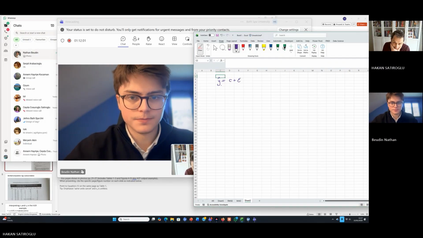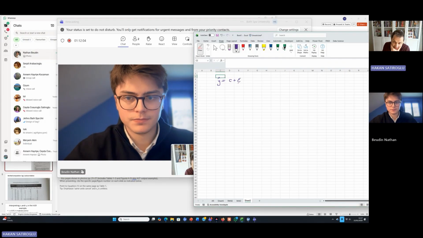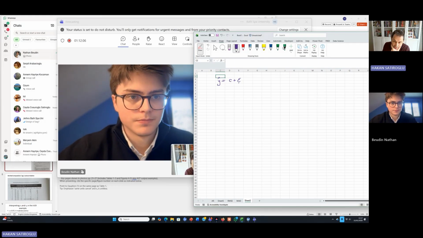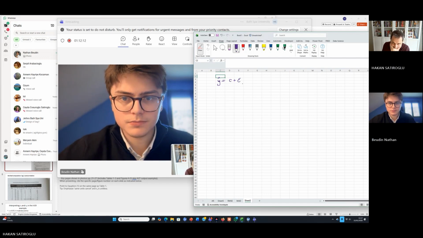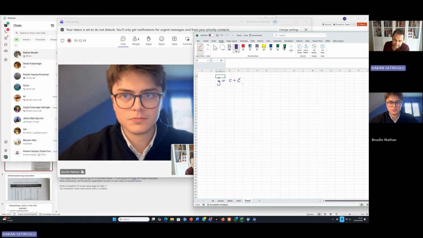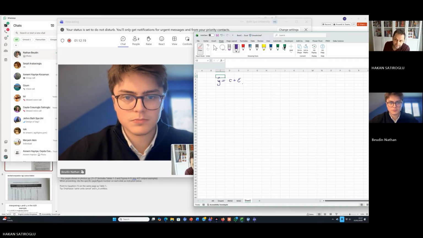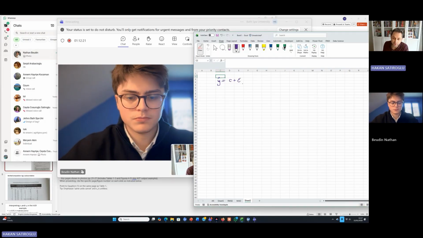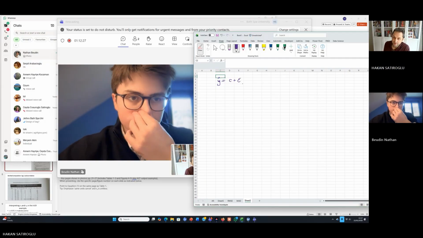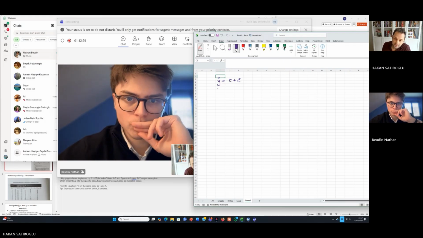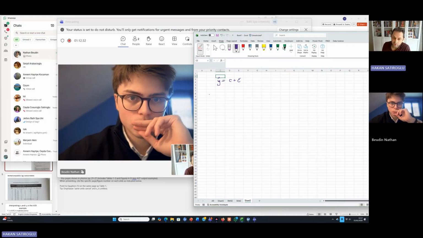So we need to check whether this error is normally distributed or correlated with anything, because if it is correlated, it means we should include some other variable.